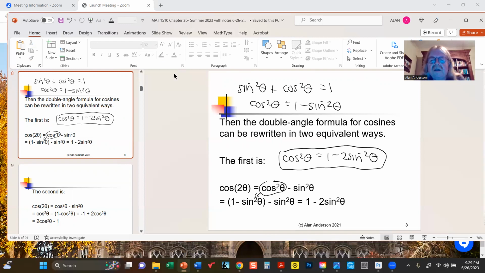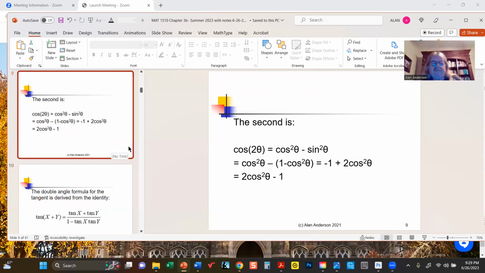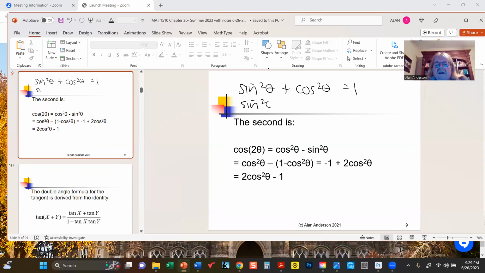Now, there's another equivalent version of this. What we can do instead is, again, starting with our same Pythagorean identity, say, well, if that's the case, sine squared theta equals 1 minus cosine squared theta, and that can get substituted in here.